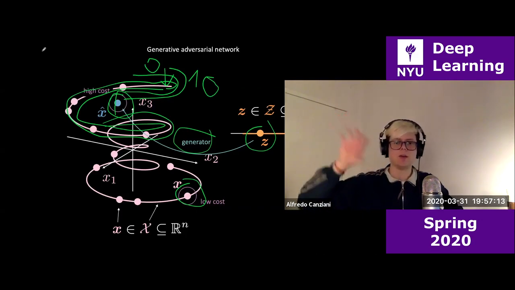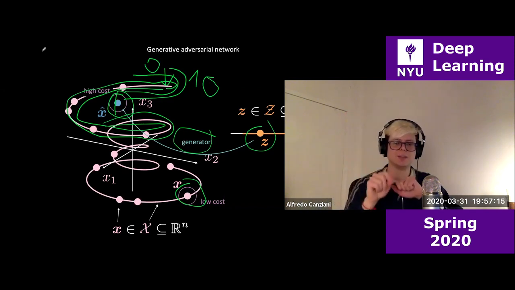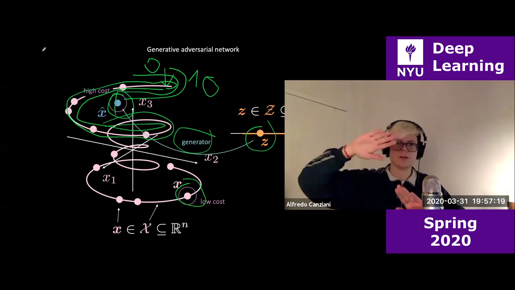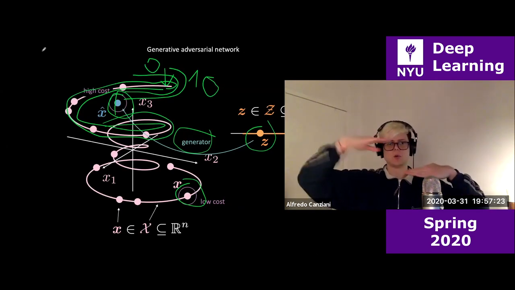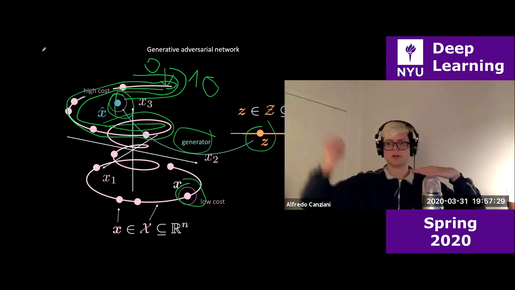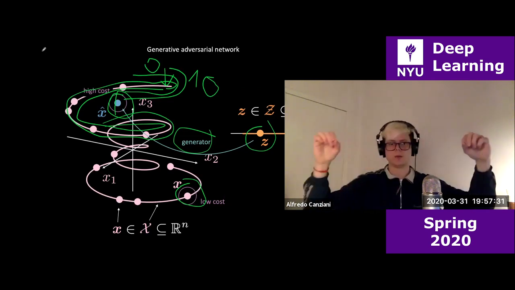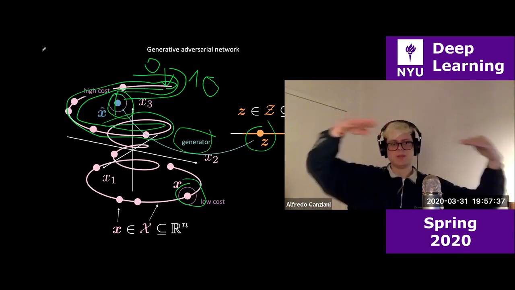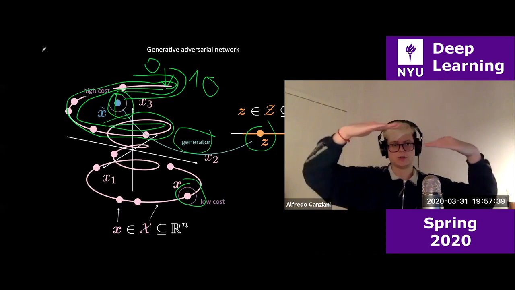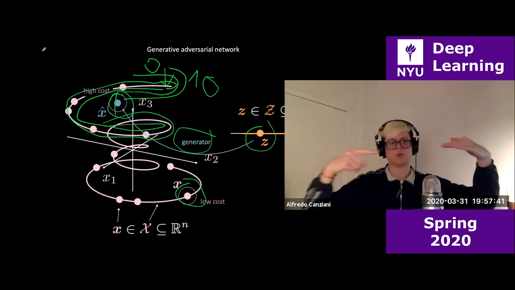But if this discriminator is perfect, it's 0 here, 1 here, it's completely flat. There is no gradient here. So let's say we have data in 1D: you have 0, 0, 0, then you have 1, 1, 1, 1, 1. There is no gradient, so these points will never know they have to go in that direction.